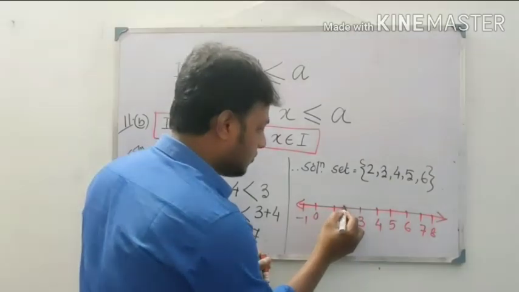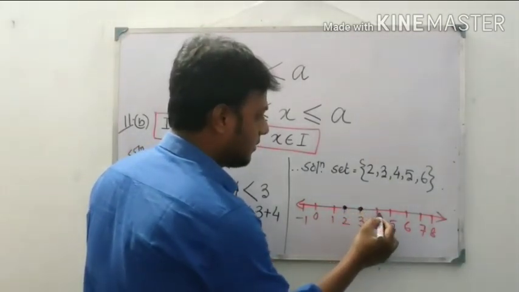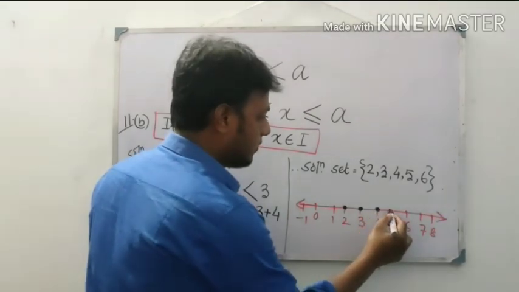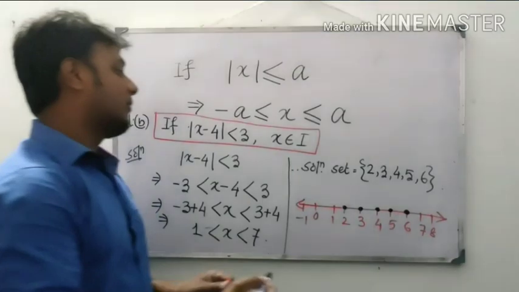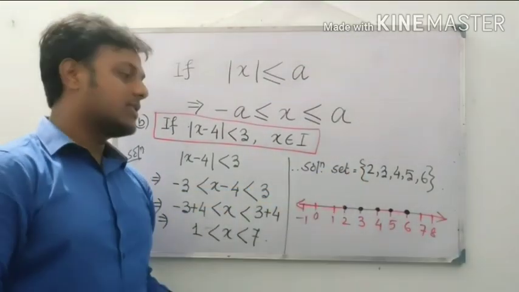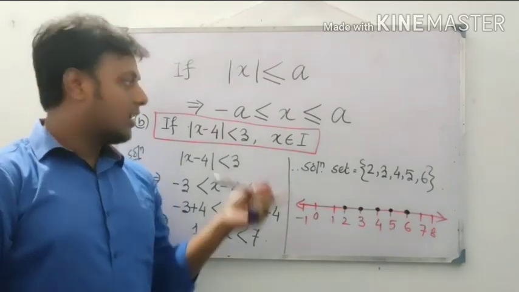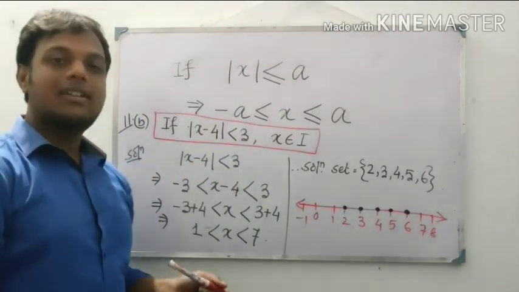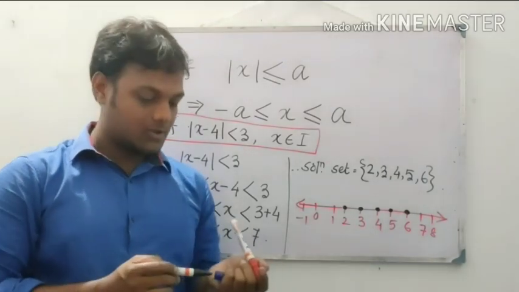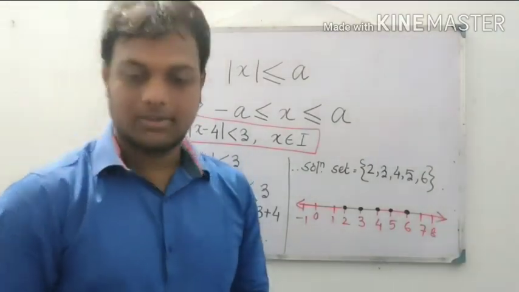This is 2, fill in the numbers 3, 4, 5 and 6. This is the plotting of this solution set. So this completes the solution. Understood? How to solve if a modulus inequality is there? Hope you understand the concept.